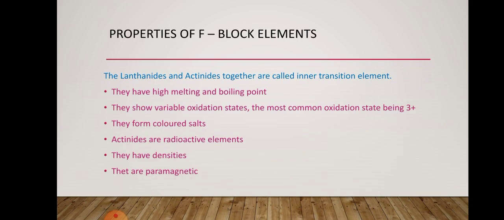Actinides are radioactive elements. They also have high densities and they are paramagnetic. That means these are metals that are weakly attracted to a magnet. They show close similarities in chemical reactions among the series members.